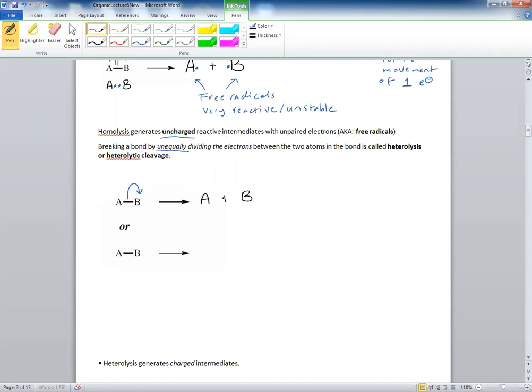And now this is very critical. This is going to have a positive charge. This one has a lone pair, and it's going to be a negative charge. Think about it.